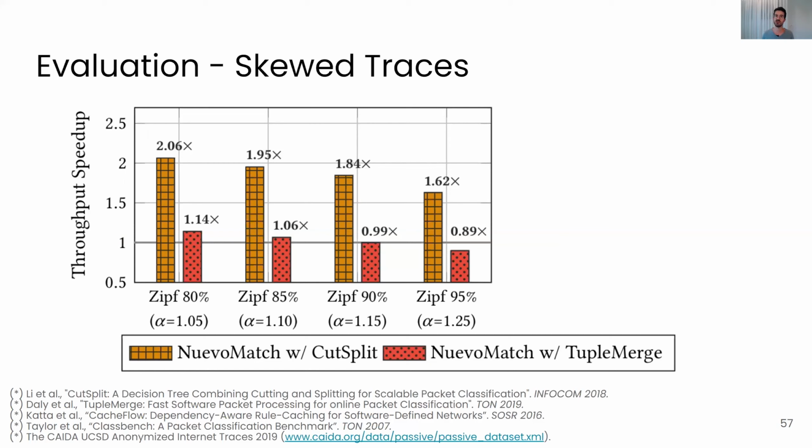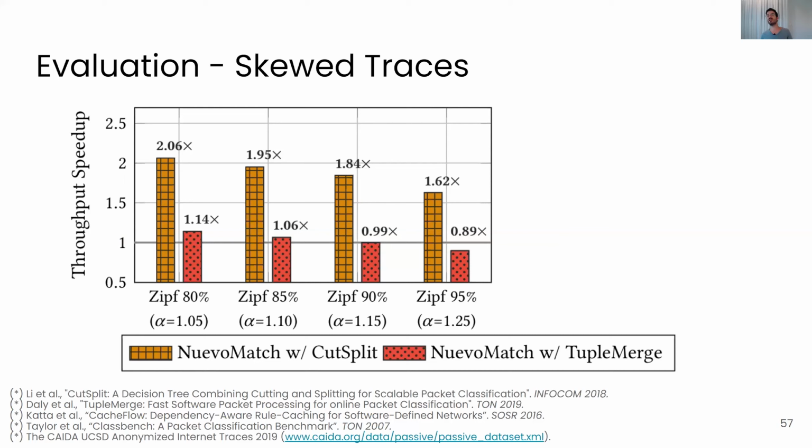We use ClassBench to generate 500,000 classification rules and compare NuevoMatch to two state-of-the-art methods, CutSplit and TupleMerge. Each time, we use a different method for the remainder set. So, for instance, we compare CutSplit against NuevoMatch with CutSplit as the remainder.